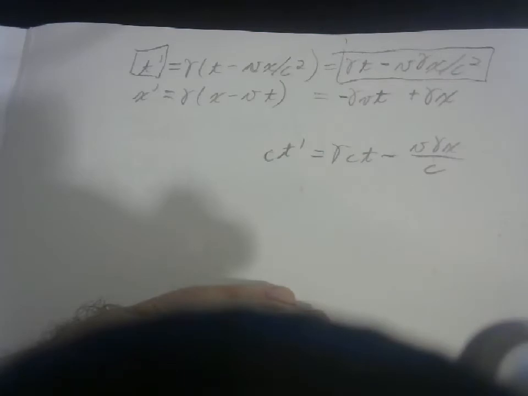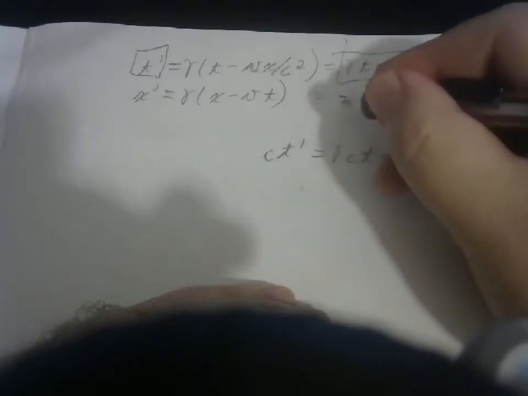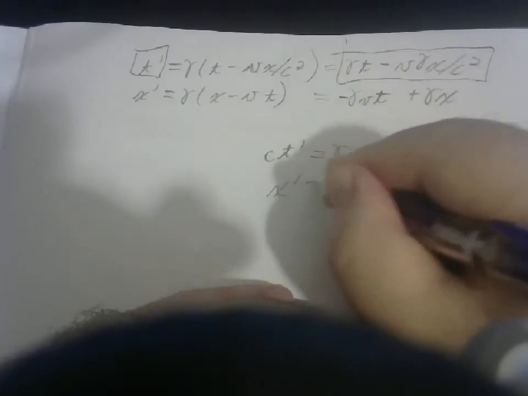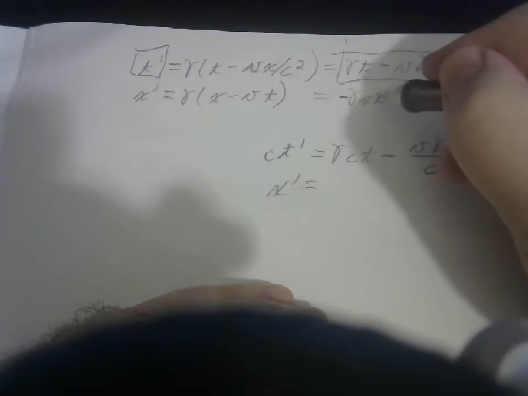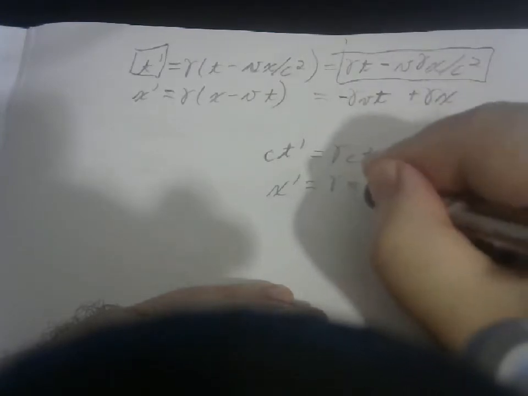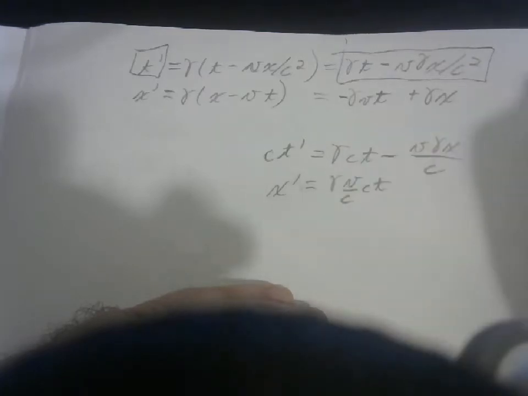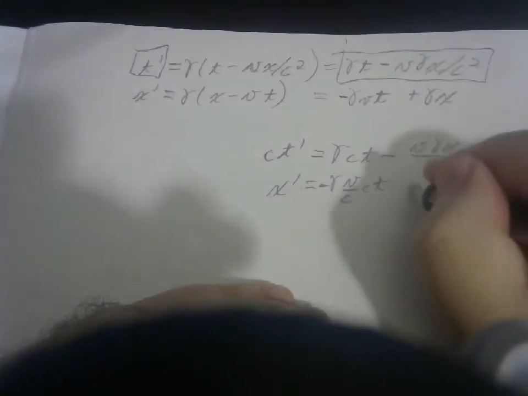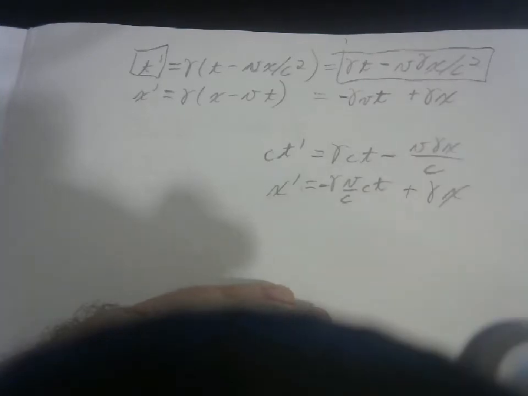Good. And this one I'm going to multiply by c over c. So it's essentially the same, except it's gamma v over c times c t minus... you see I multiplied this by c over c. And then this is plus gamma x.